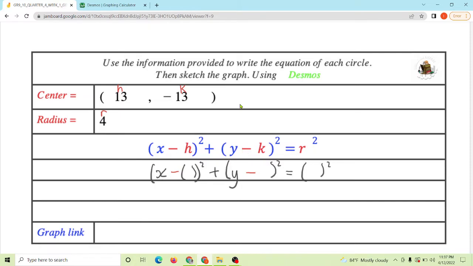I'm going to put my brackets because I'm going to substitute. And now I'm going to substitute. So the h is 13, so that goes right there. My k is negative 13, so that goes right there.